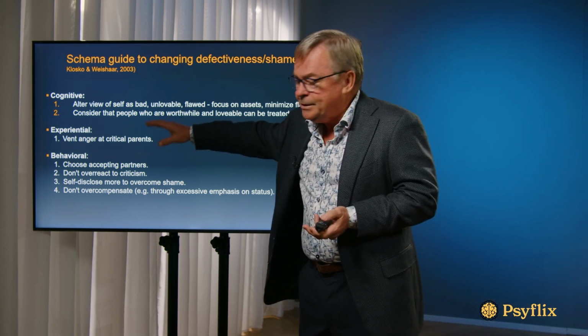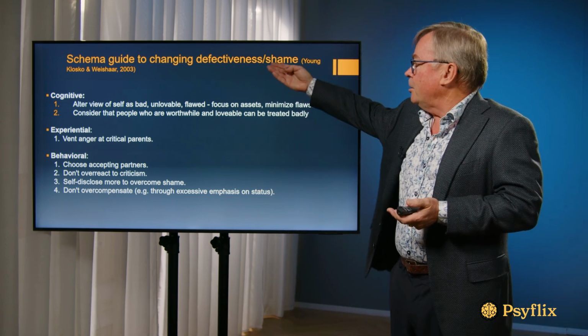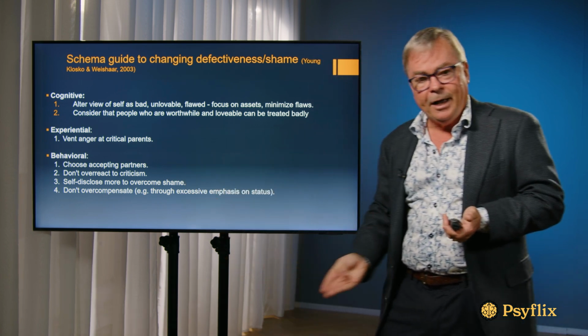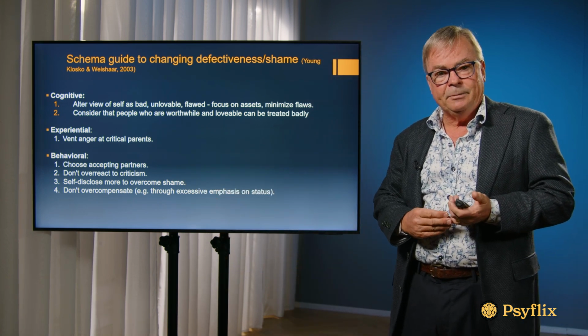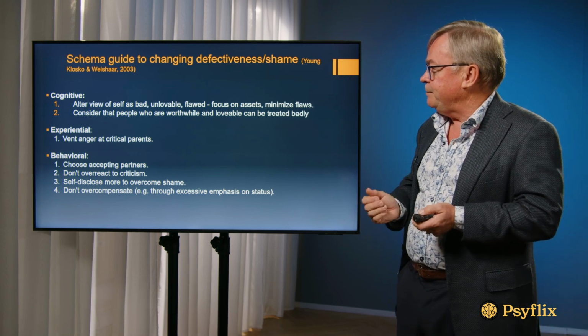These are the common experiential things that need to happen in order to get a construct like this to change. And these are some of the standard behavioural interventions that need to be done. So the decades of knowledge about that relevant to the schema can really tell us in the moment, what resource do I need to add to my EMDR in order to improve the outcome for the client at this particular point. This slide refers to the defectiveness shame schema.